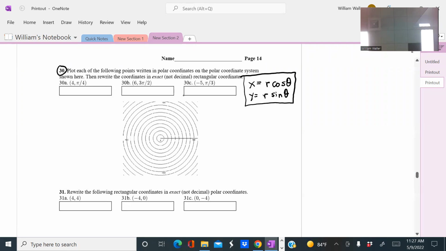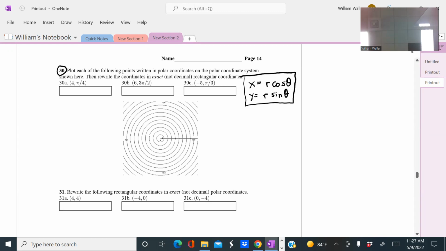Let's plot these points though. We'll convert one of them to rectangular. One is really all you need to see as an example. But let's plot them because plotting is always a little bit tricky. So 4 and pi over 4, where would that point be? Now, things have been made easier because we've got polar graph paper here.